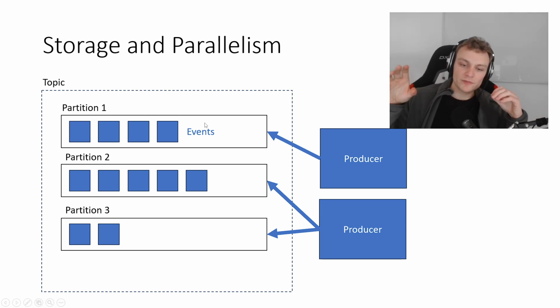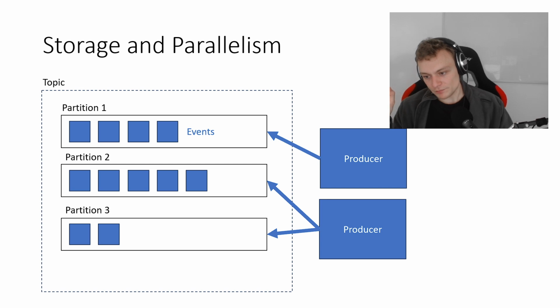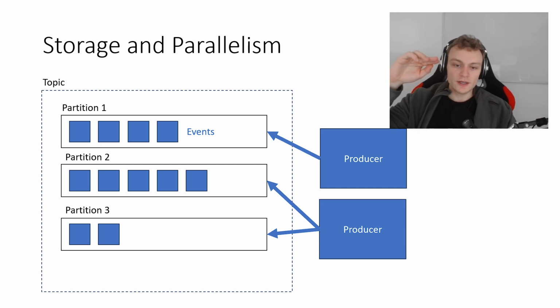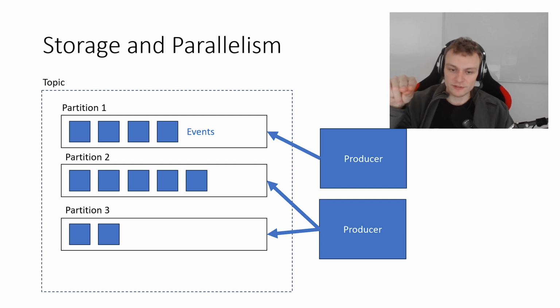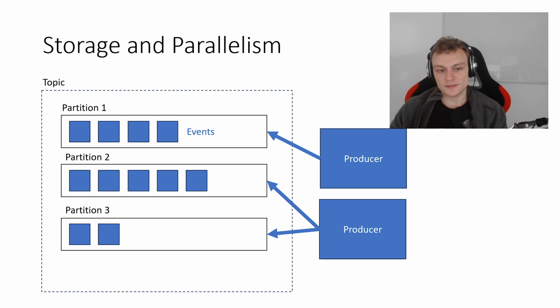In memory, if you think of physical memory, there will be a pointer pointing to a specific place in memory, and all it has to do is move to the next memory space, write the event into it, move down, write the event into it, move down, write the event into it. So the pointer is basically the index of the partition, and events are written into it. So this is extremely fast and happens completely independently of what is being read from the partition.